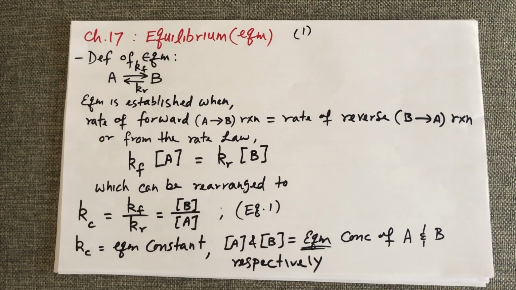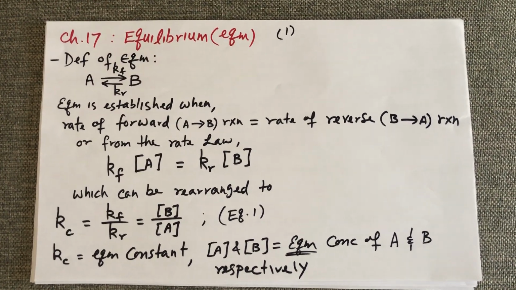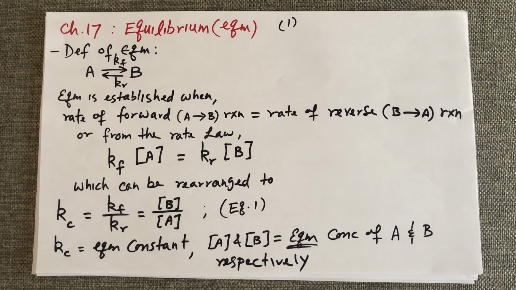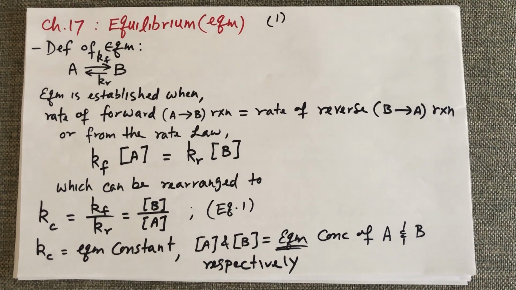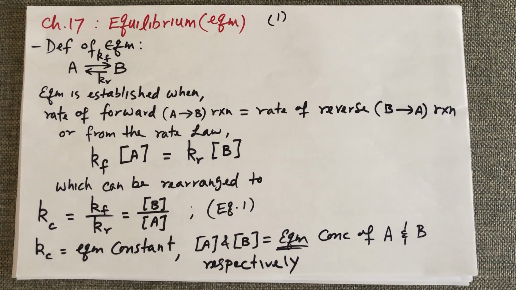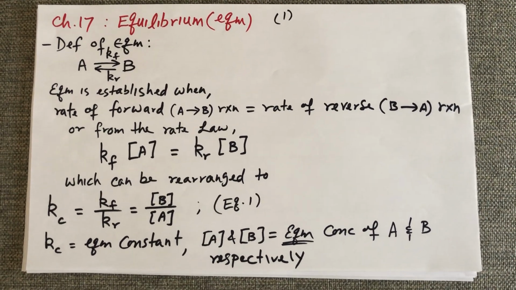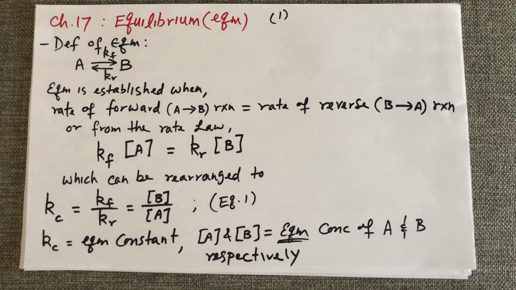Or, in other words, from the rate law, we can write Kf times the concentration of A must be equal to Kr times the concentration of B. Remember, this is from the previous chapter, chapter 16, the kinetics of chemical reactions.